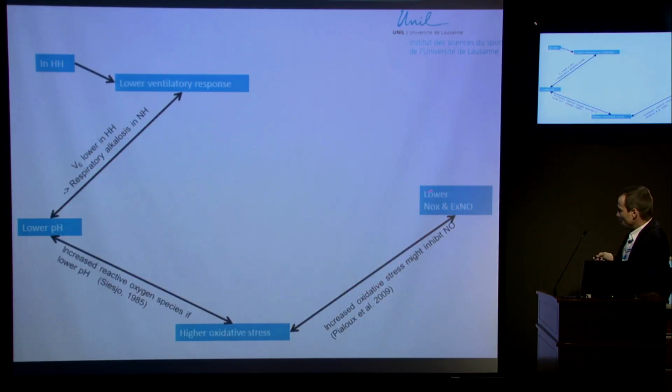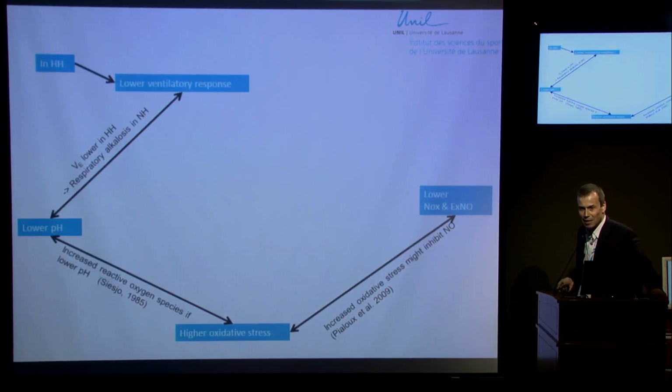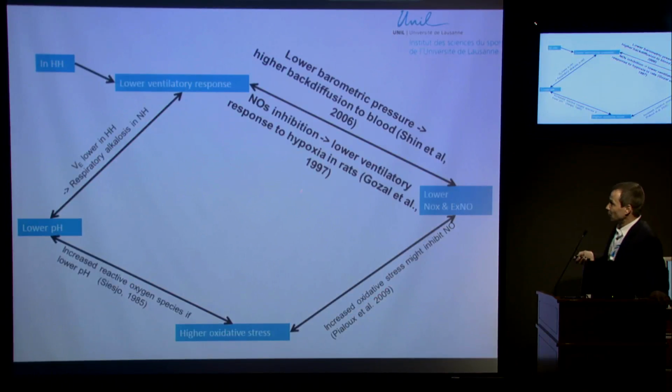Then we get lower blood nitrate and nitrite, and exhaled NO, again in HH. And Pialot reported that the increased oxidative stress might inhibit NO. And finally, we get this potential relationship between the lower ventilatory response and the lower NOx and exhaled NO.